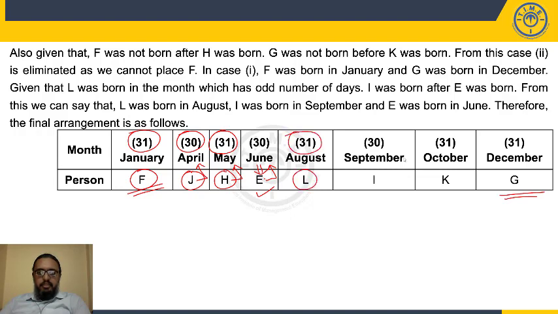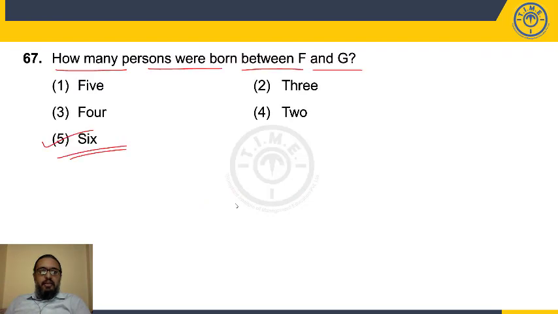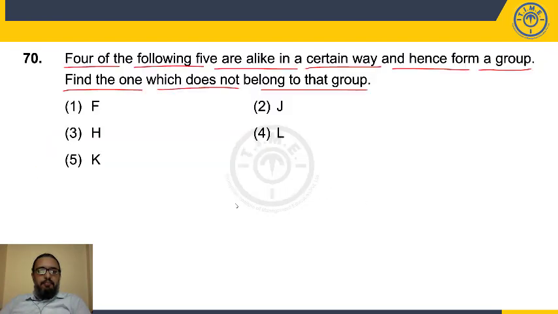L, 31-day month. K, 31-day month. So that means J is my answer. Why? Because except for J, remaining 4 people are born in a month which has 31 days. So J is the odd one out. So J is given in choice 2. Choice 2 is the answer.